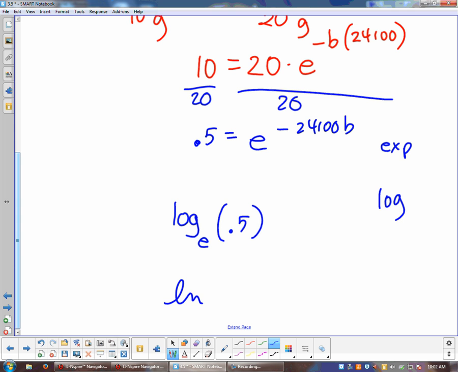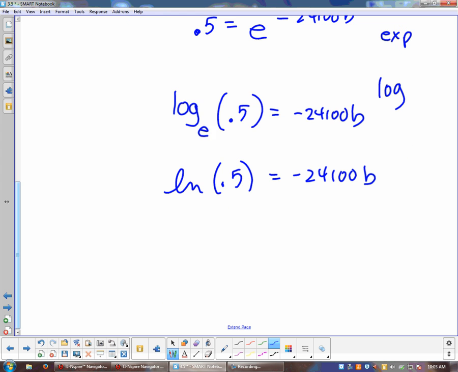Of 0.5. All right. Okay, so if that's the case, now our last step is going to be to divide both sides by negative 24,100. Would you do that on your calculators, please?